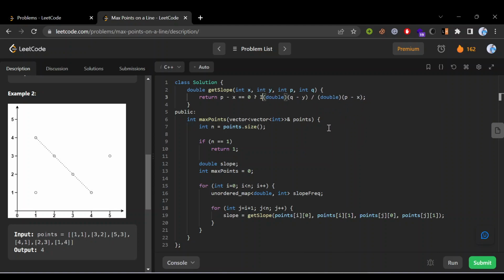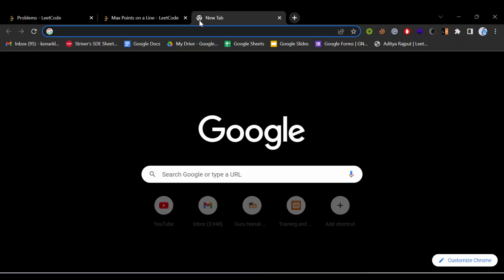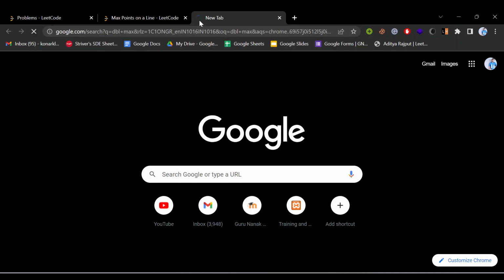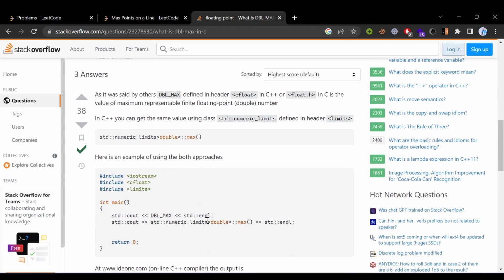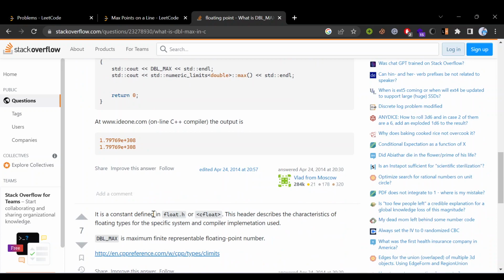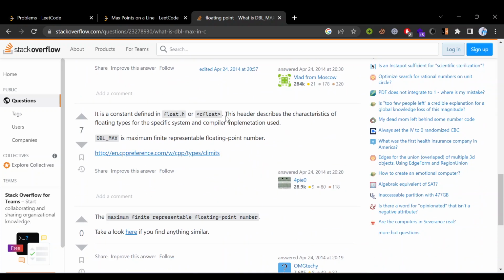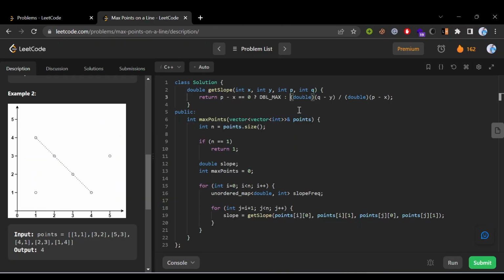In that case, I'll be returning double max, or you can also return integer max, but I think double max is more cool. I'm not sure if this is double max, DBL max, or what the whole thing was. Okay, double max is double maximum value.